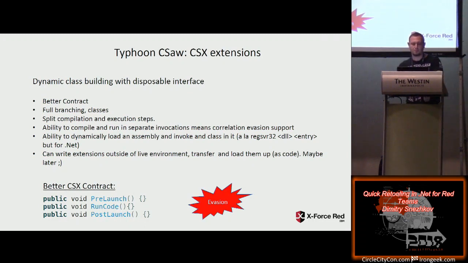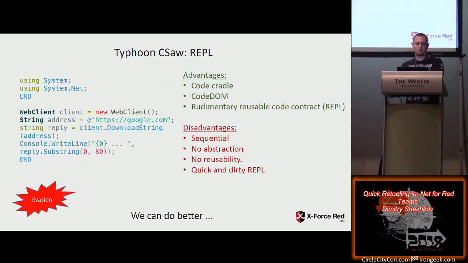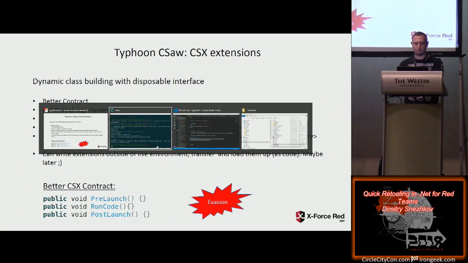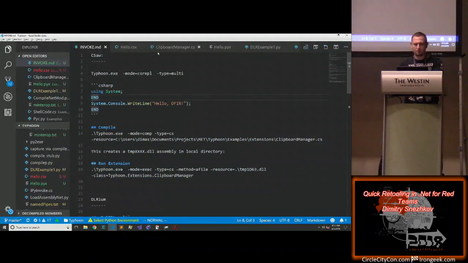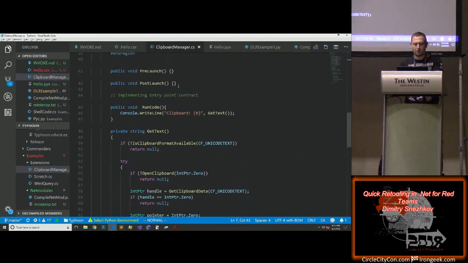C# extensions build on the previous contract, but they improve on it. To give you an example, now instead of having get results and dispose, we're going to do pre-launch, run code, and post-launch. So you can actually create hooks into what you do when you're running the code. To illustrate this, for example, you want to invoke a functionality, right?